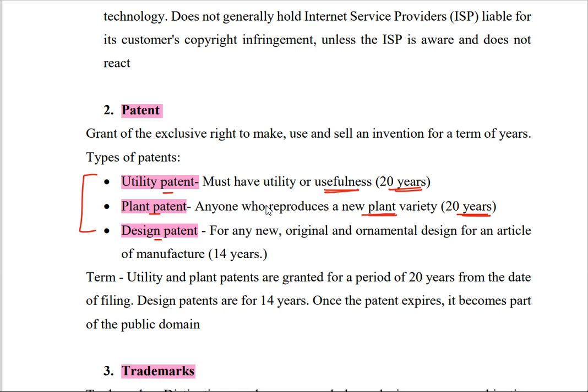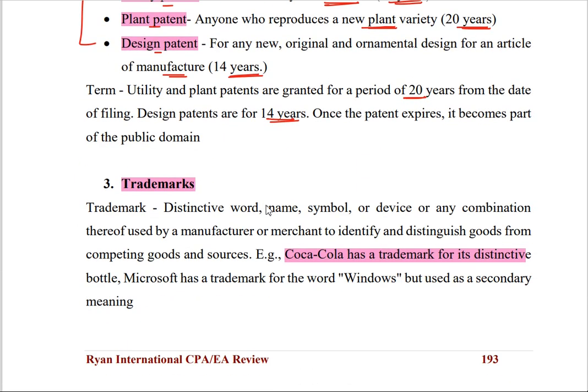Or if you make an original or ornamental design for articles of manufacture, you get 14 years. So basically, utility and plant patents are granted for 20 years. Design patents are for 14 years.